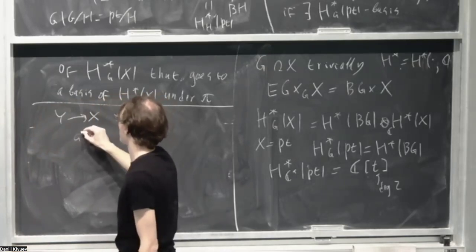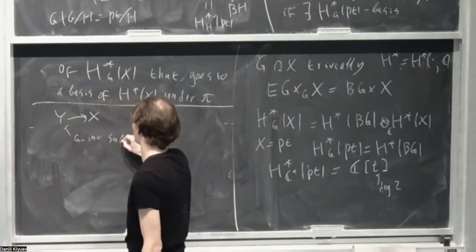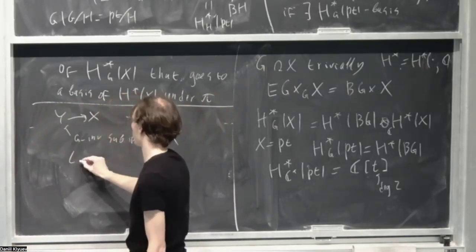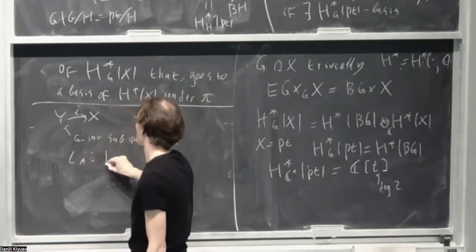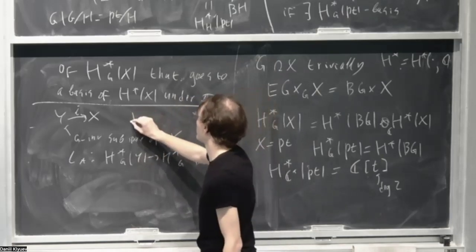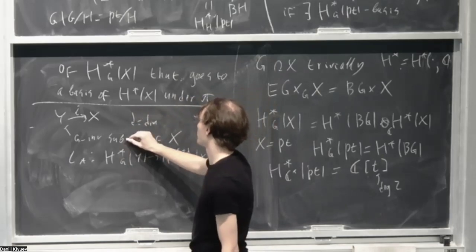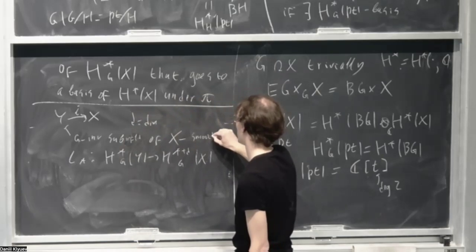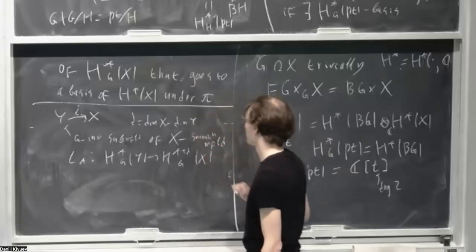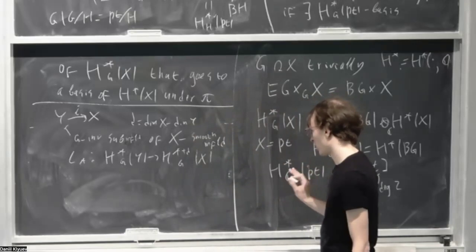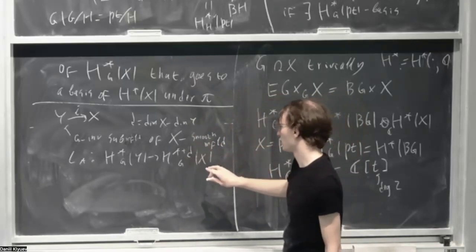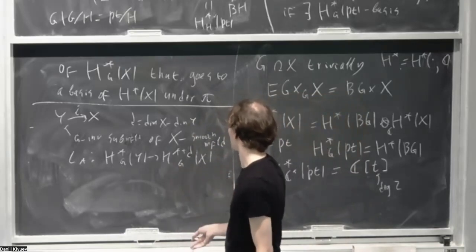So if Y is a G-invariant submanifold of X of codimension d, then there are Gysin maps, pushforwards from H star G of Y to H star plus d G of X, a map of degree d in the homology. We will discuss the properties right now.